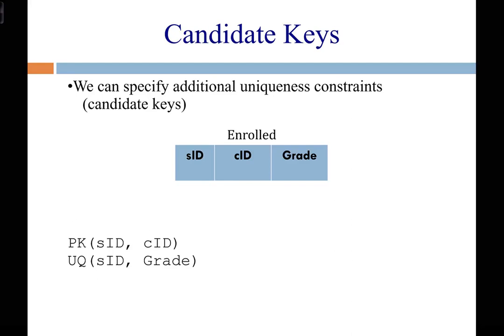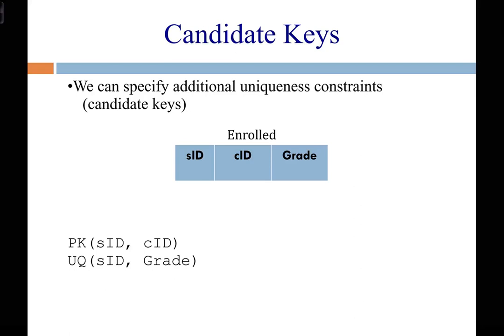Would it be adding the grade to be part of the set of unique keys? Yeah, so it is adding grade to one of the sets of unique keys, but it's not involved with SID CID. The relationships between these things is important, and the combinations that you put them in have very different meanings. Is there another?